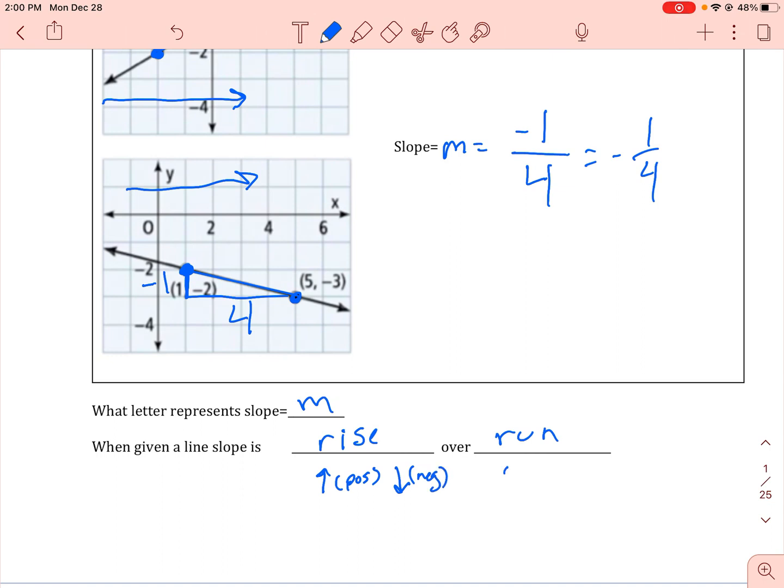And then run, if you go to the right, that is a positive number. Or if you go to the left, then that would be a negative. But if you start at the leftmost point, then you'll always go to the right to find your run. Again, rise over run.